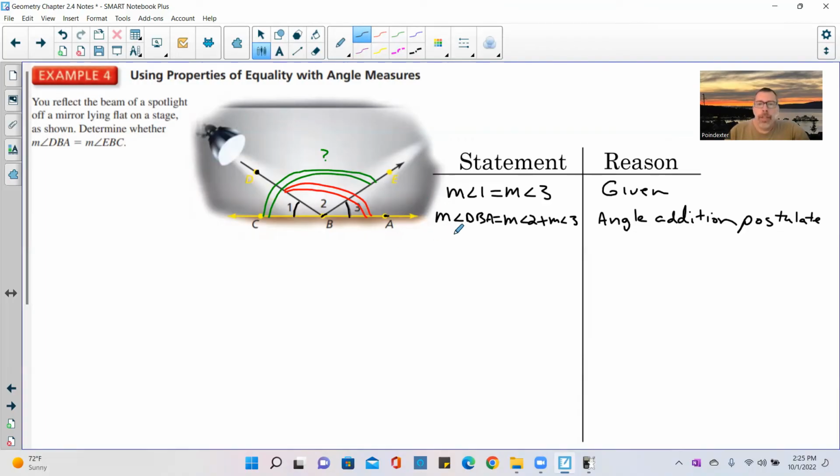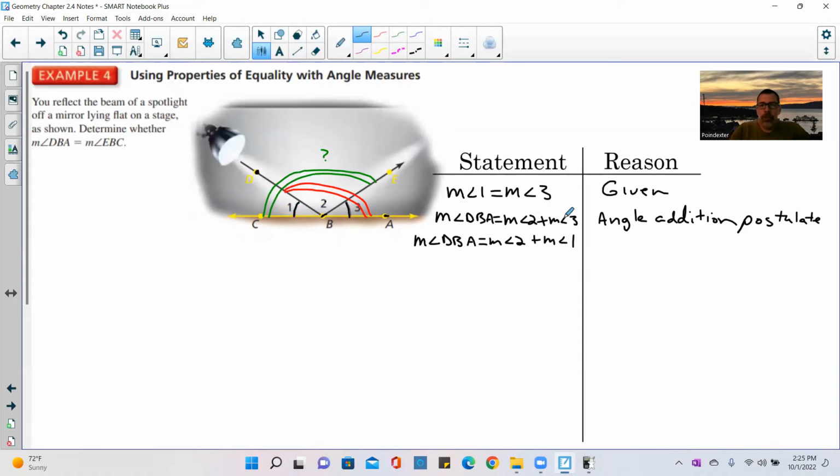All right, so then what can we say? Well, angle 3 is equal to angle 1. So wherever we see an angle 3, we can replace it with the measure of angle 1. So I'm now going to say the measure of angle DBA equals the measure of angle 2 plus the measure of angle 1. Well, how can we say that?